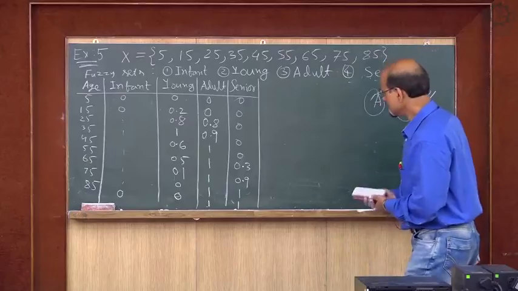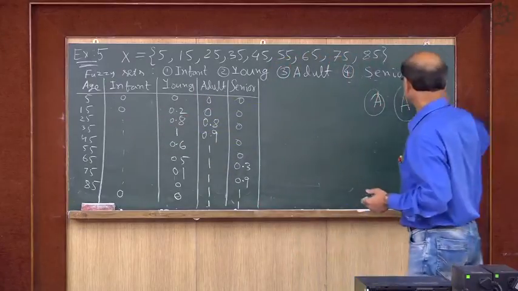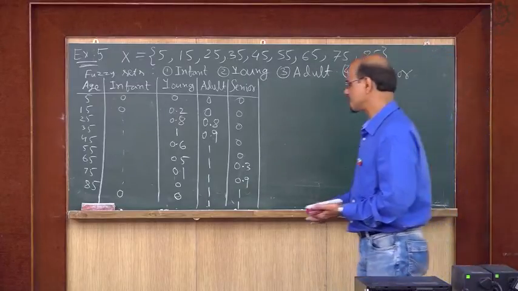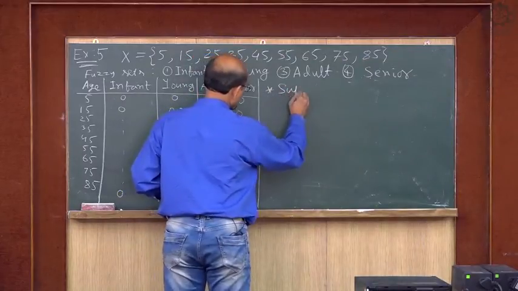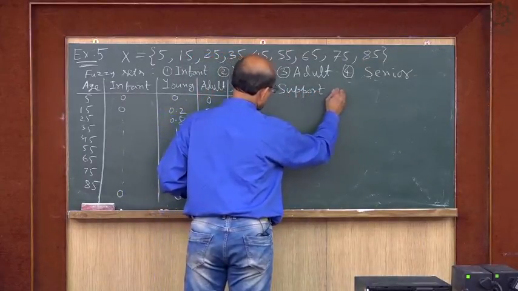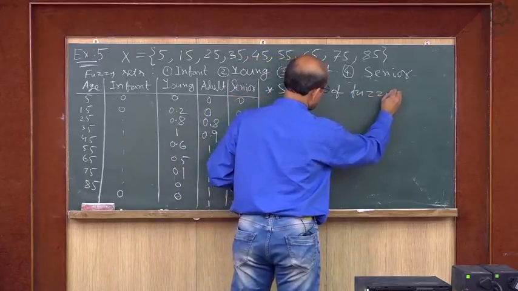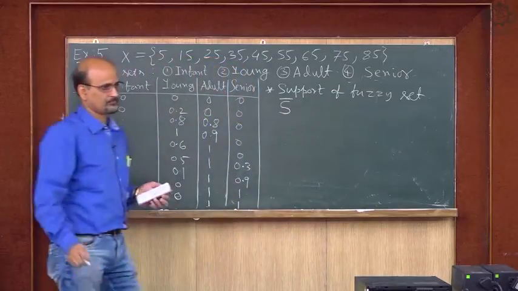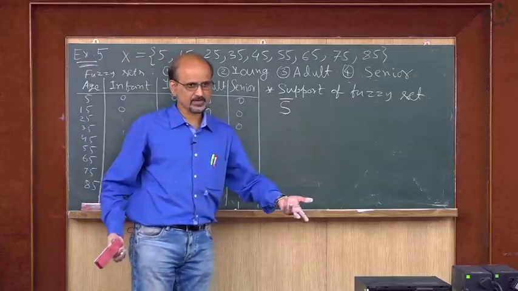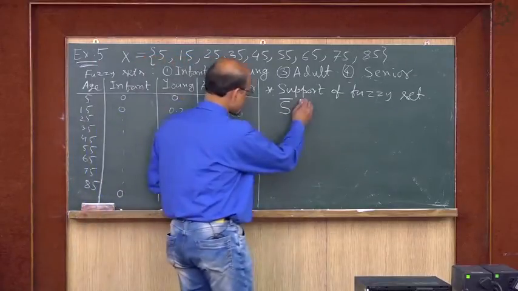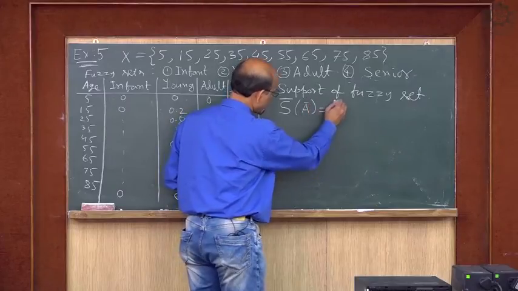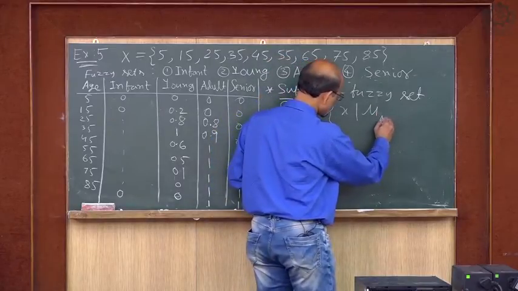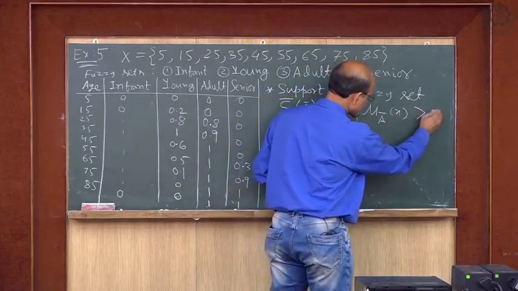Now from here I will define some terms. First I define the support of a fuzzy set, and we denote this support by S bar. Bar I am using for showing the fuzziness. Support of a fuzzy set A bar is defined as x such that mu A bar of x is greater than 0.